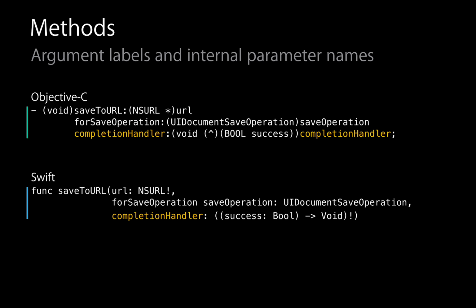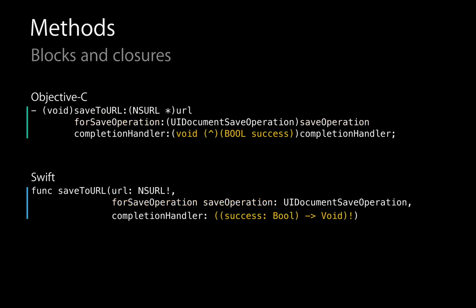If you want those names to be different, fine, we can handle that too. You just write the two names next to each other. The first one is the label, because that's what's important for the caller to use. And then the second one is the internal name that you're going to use within the implementation of your method. The next thing I want to point out here is the block. So here we have a method that takes a block, and blocks in Objective-C get mapped into closures in Swift.